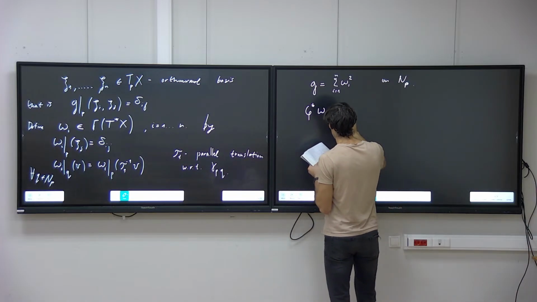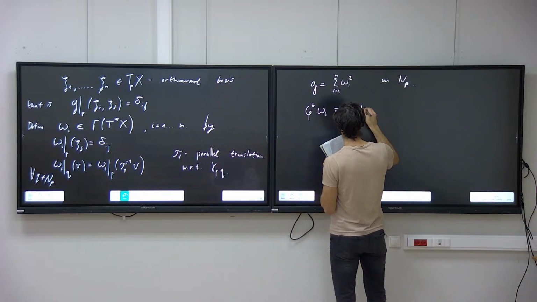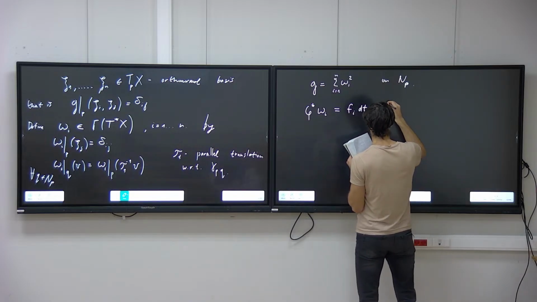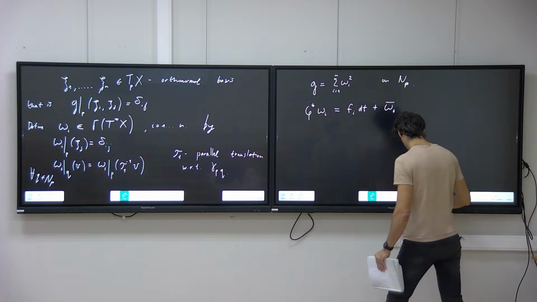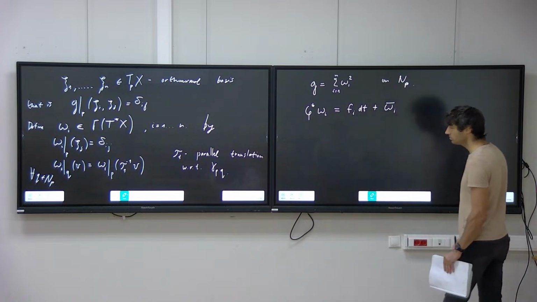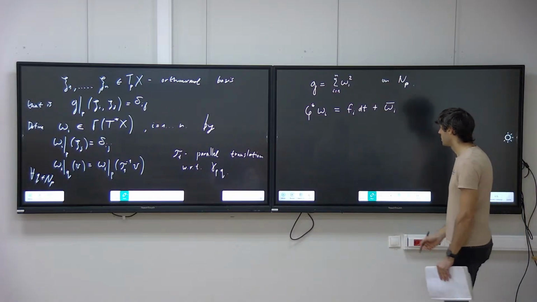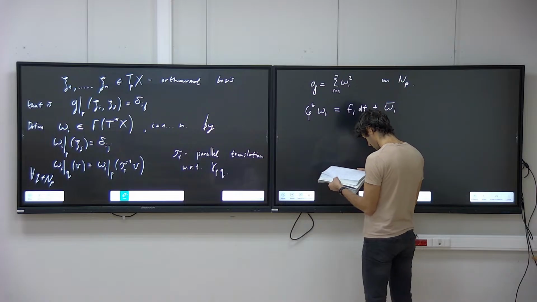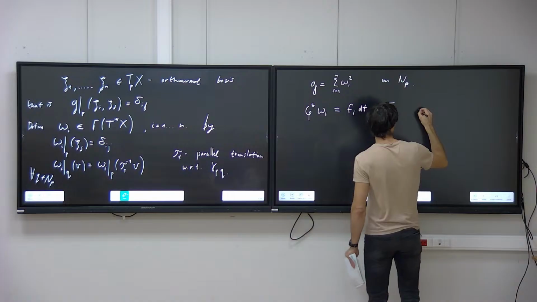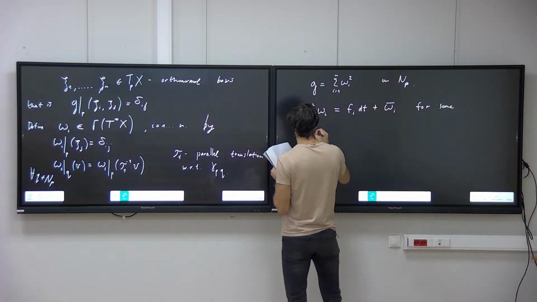So I can write this down as phi_i dt plus some form omega_i bar, for some phi_i.